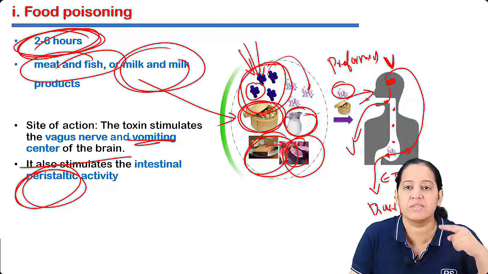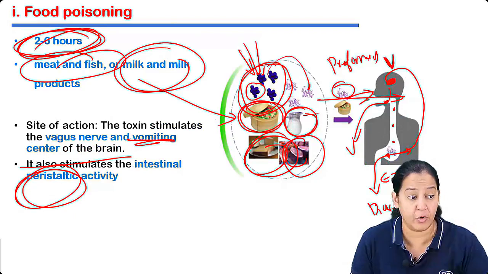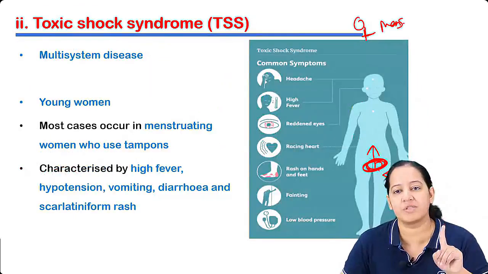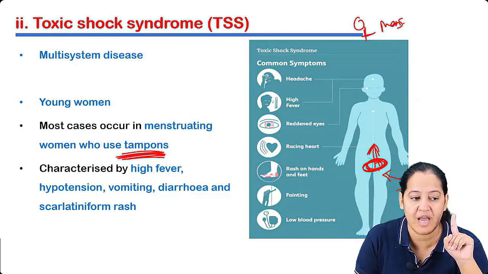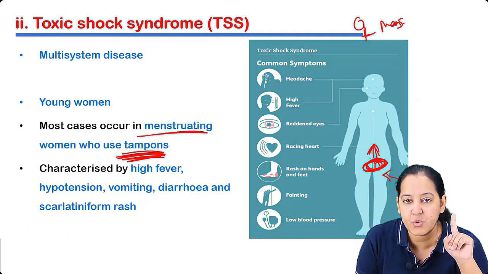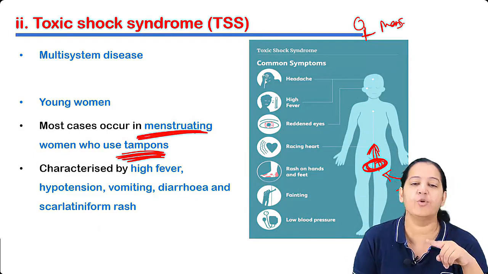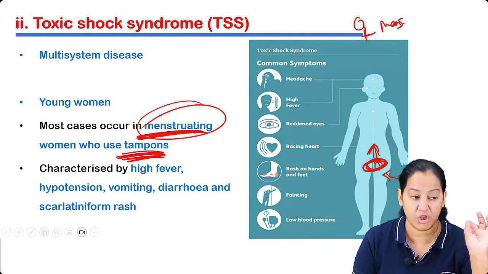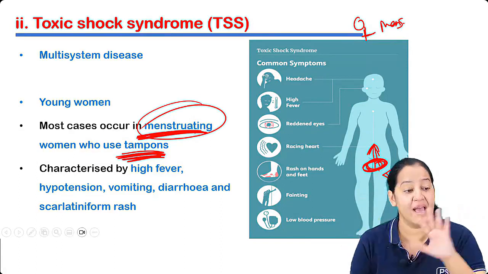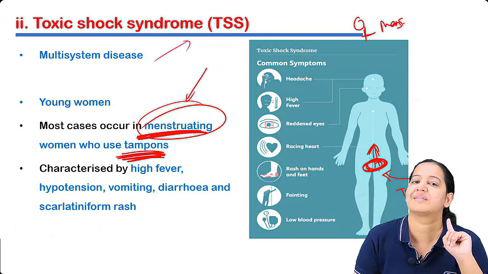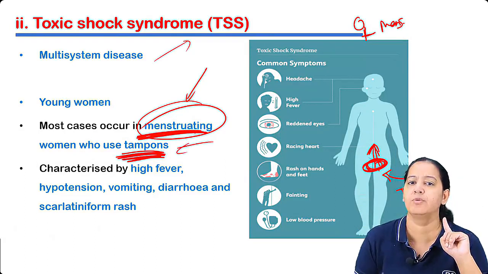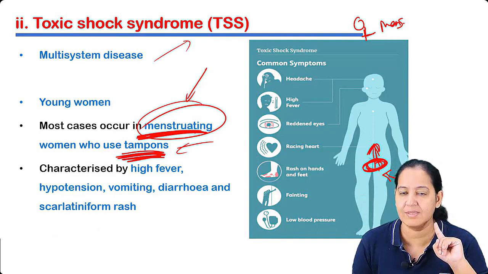Here the toxin was entering via mouth, enterotoxin, but toxic shock syndrome toxin enters via vagina through a contaminated tampon in a menstruating female. The biggest clue you get in the question is menstruating female. The question will start like this: there is a menstruating female. Please learn. So always think of this differential, using tampons.